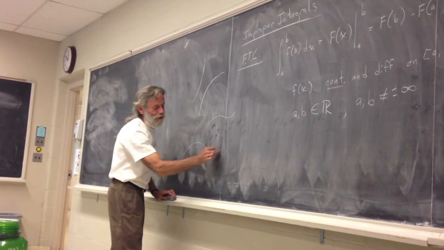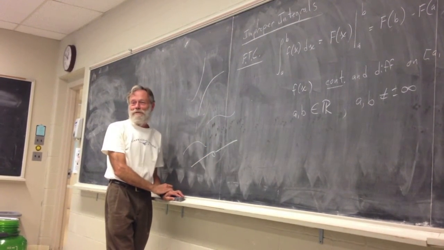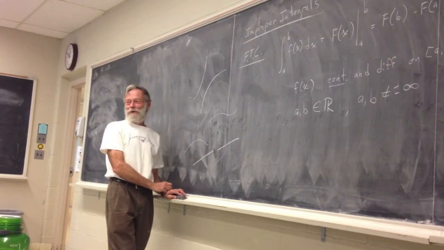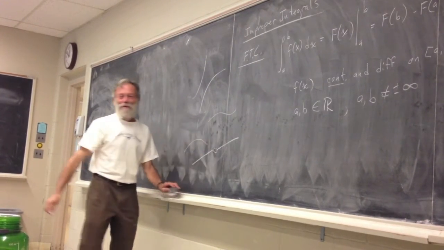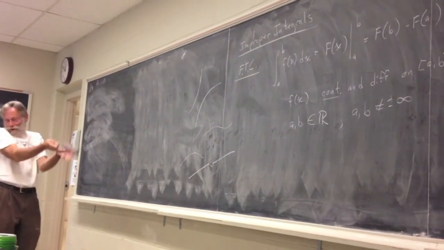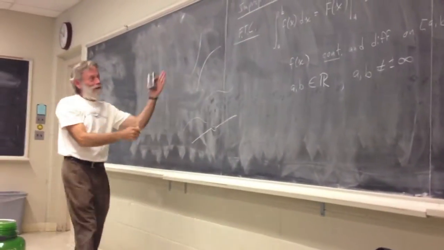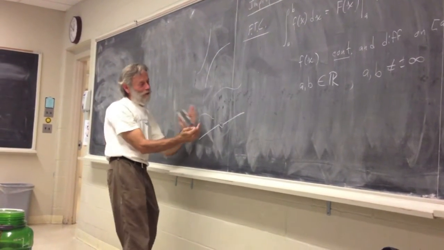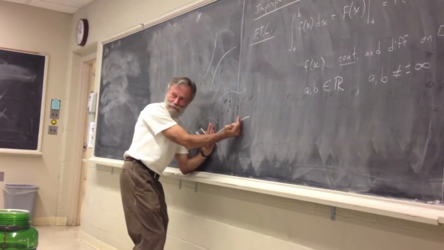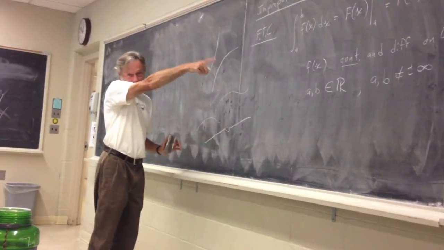Holes, yeah, and don't cheat and do that. Those are the kinds of problems with functions that make this rule not work. So don't integrate from here to here, because this doesn't make sense. It has to be continuous.